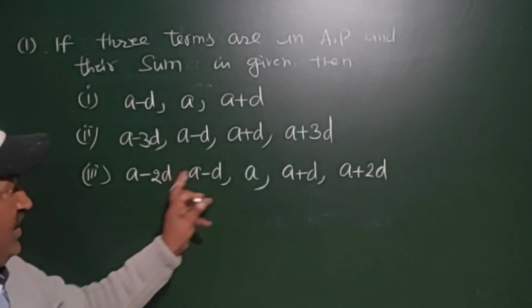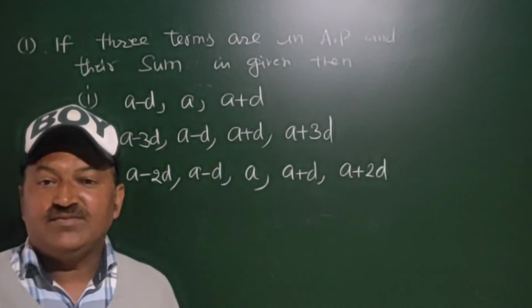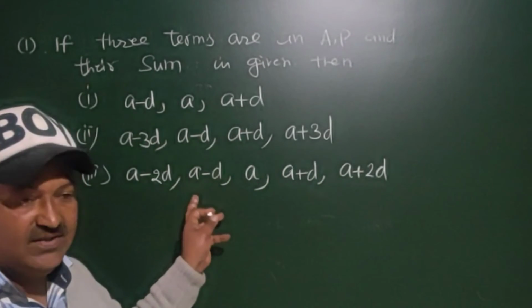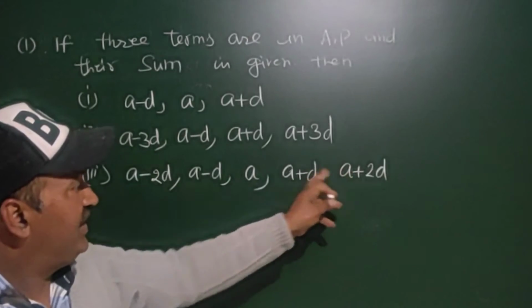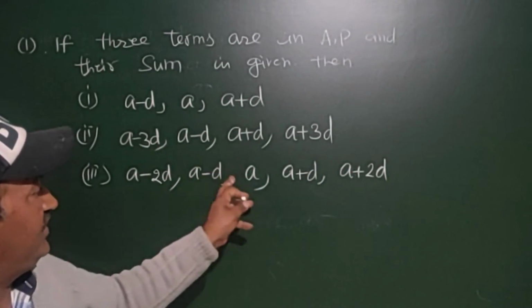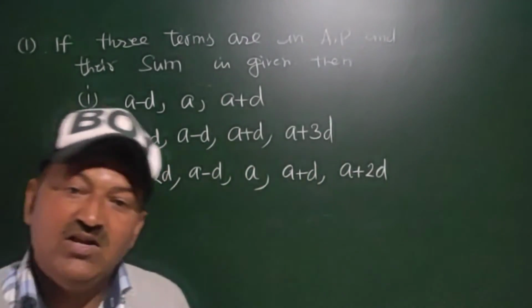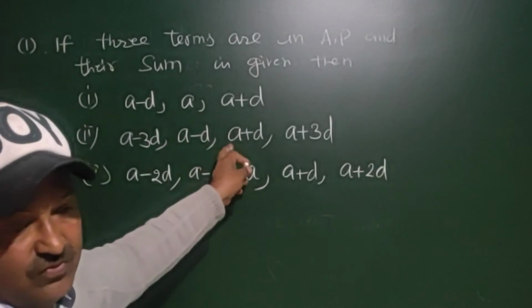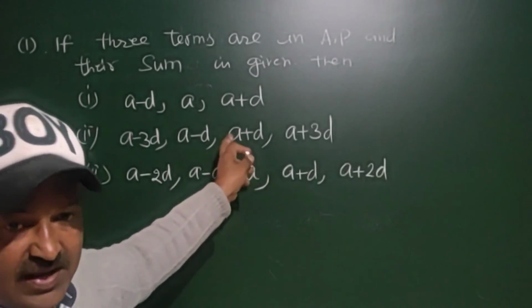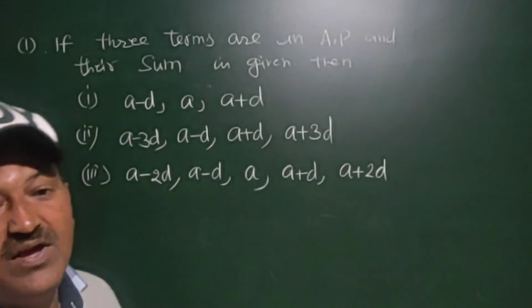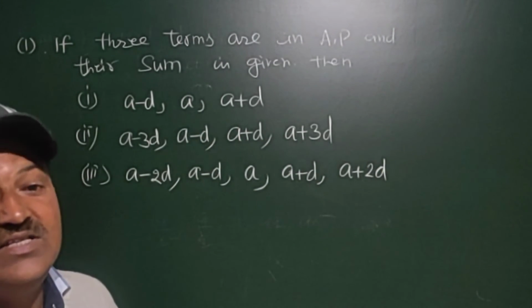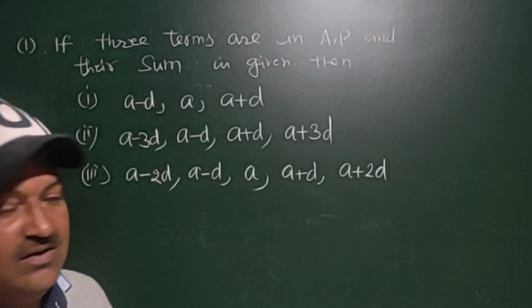These are the 1, 2, 3, 4 and 5 terms whose sum is given and they are in AP. If we add them, D will be cancelled and we will find the value of A. In this case also, because the sum is given, equating the sum to the given sum, we will get the value of A immediately in these types of questions.